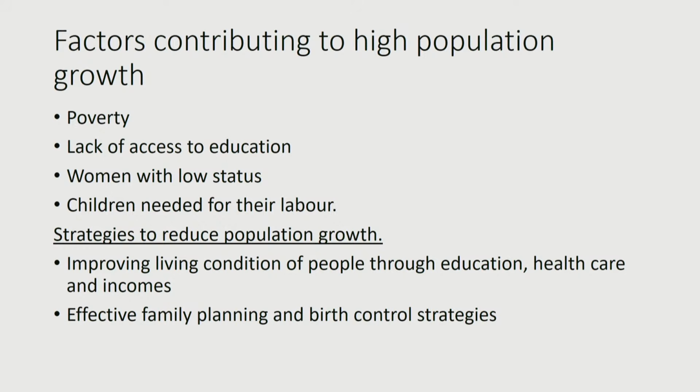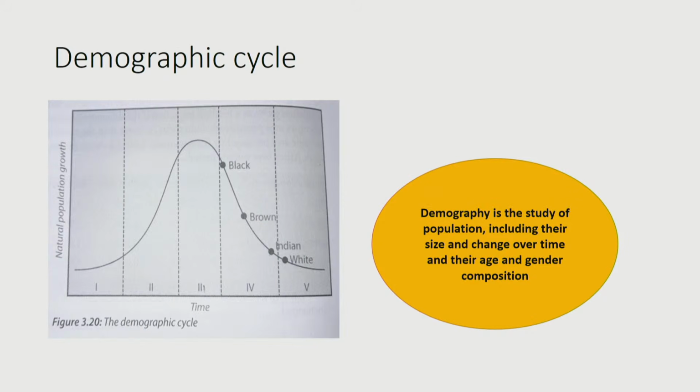Now, let us look at the demographic cycle. Before we look at the demographic cycle, I want us to look at what demography is. Demography is the study of population, including their size and change over time, and their age and gender composition.